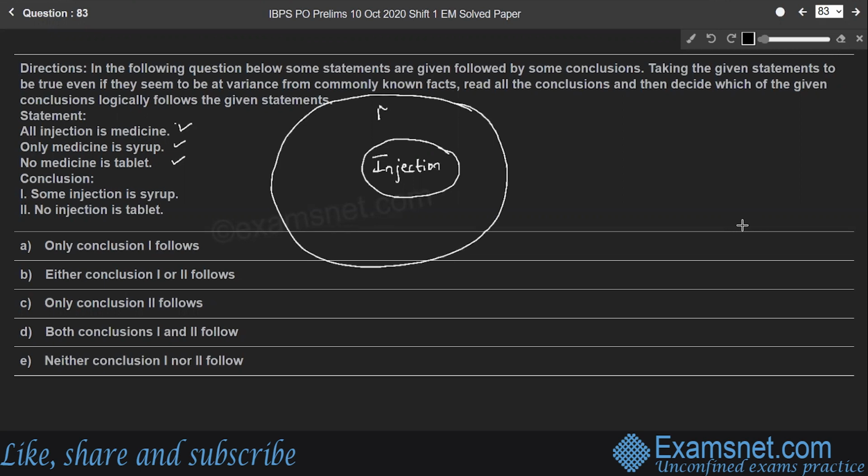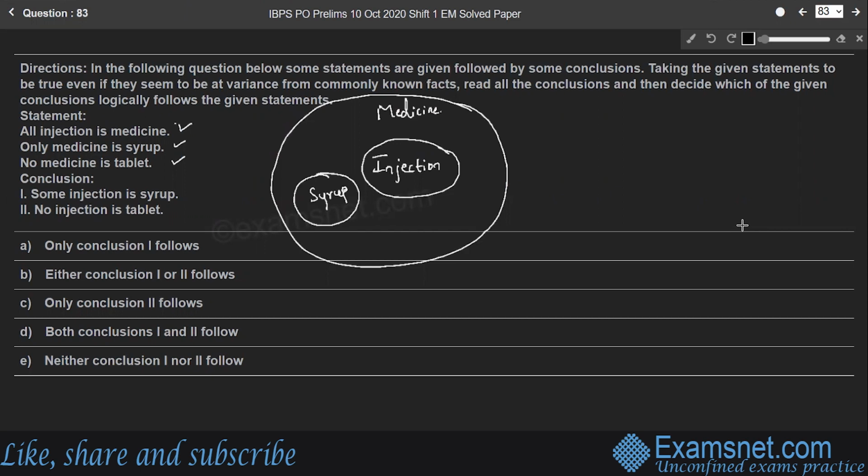completely included in the set of medicine. Therefore the statement 1, all injection is medicine, and only medicine is syrup. That means only medicine is syrup is nothing but all syrup is medicine, right? Therefore the set of syrup is completely included in the set of medicine.